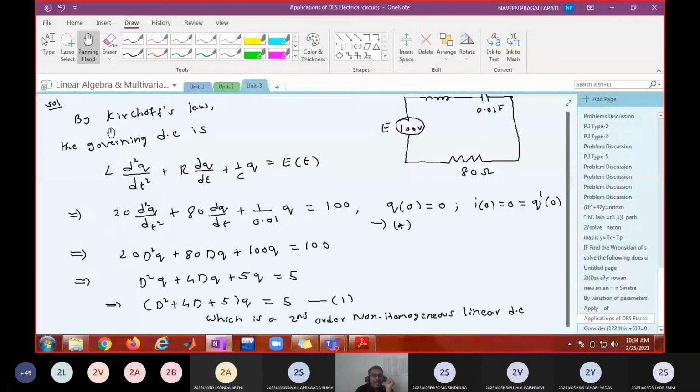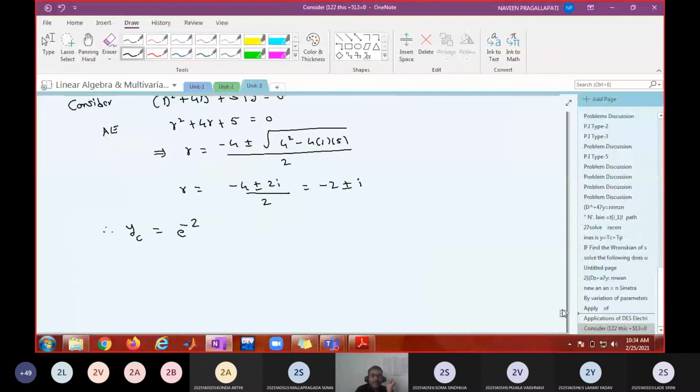What is our independent variable in our problem? t, where D equal to d by dt. Don't forget this. The independent variable is t. So you have to write in terms of the independent variable. So e power minus 2t (c1 cos t plus c2 sin t). Is that fine?